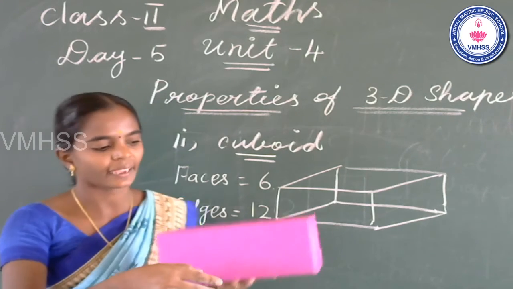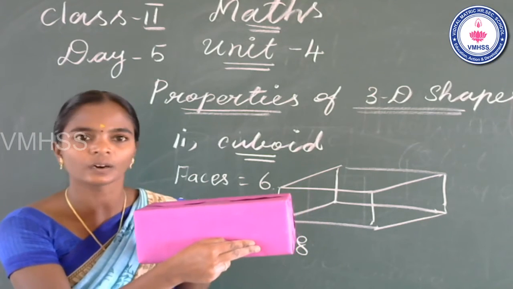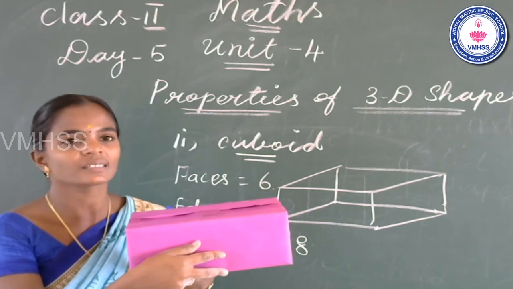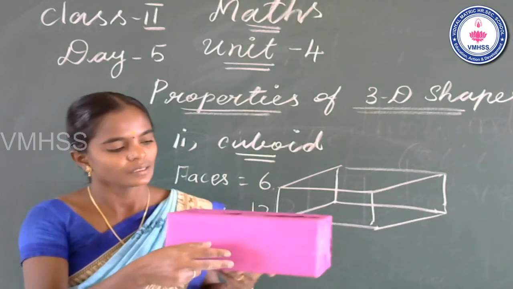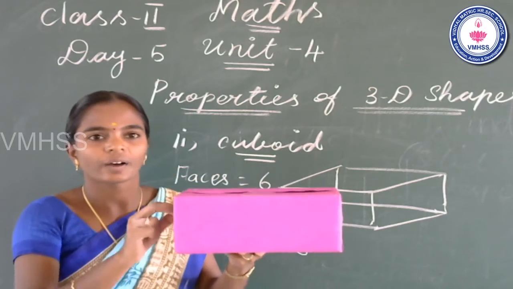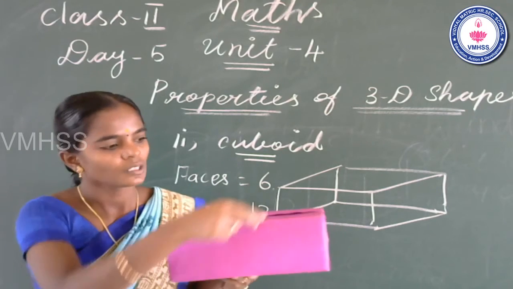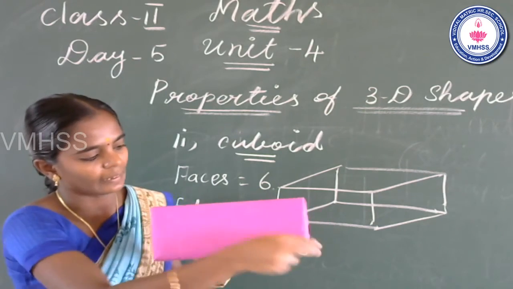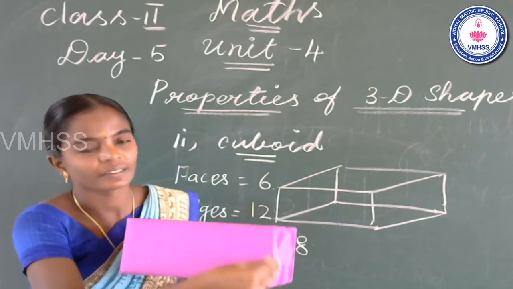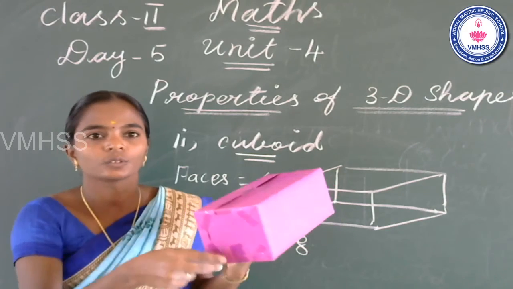Okay children, once again, this face. Faces are flat or curved sides. So this face is fully flat. 6 rectangular faces. 1, 2, 3, 4, 5, 6. So 6 faces. Edges are sharp lines. 1, 2, 3, 4, 5, 6, 7, 8, 9, 10, 11, 12.